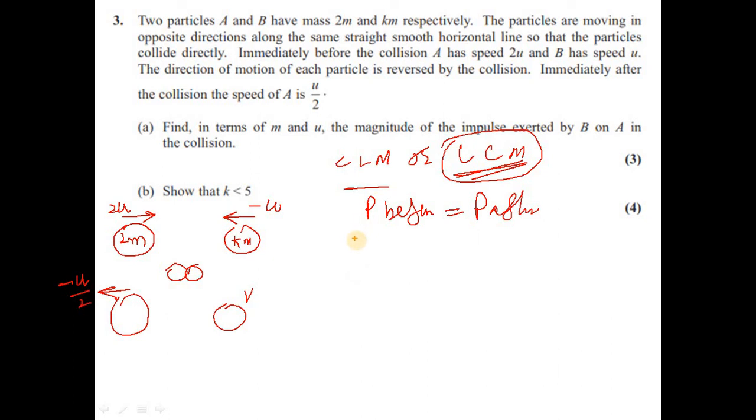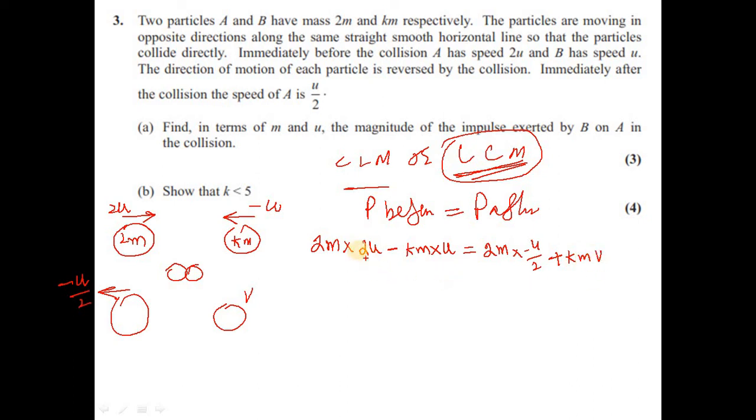Before, you have total momentum 2m times 2u and minus km times u. I'm using minus because of the direction of particle B. This is equal to the momentum after, which is 2m times minus u/2 and plus km times v.